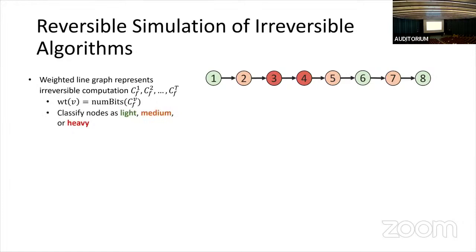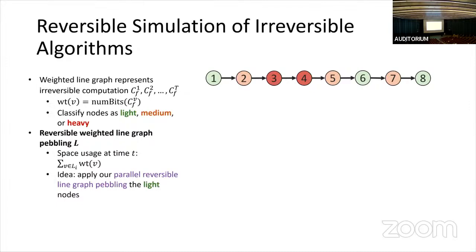If we classify nodes as, say, light, medium, and heavy, in reality, there's a lot more than that. Then we can try to design a strategy that has low complexity given these weights. So the space usage at a step in our pebbling is just the sum of the weights of all of the nodes at that time step.